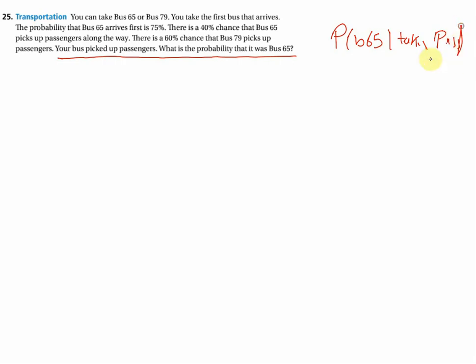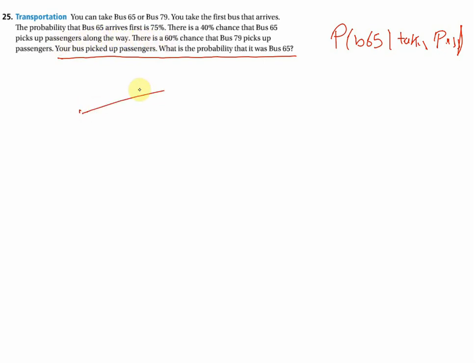How can we find this probability? First of all, I think that we need the tree diagram in this case. So let's draw and read. While we are reading, we draw this tree diagram. First of all, I have to read this part. The probability that bus 65 arrives first is 75%.